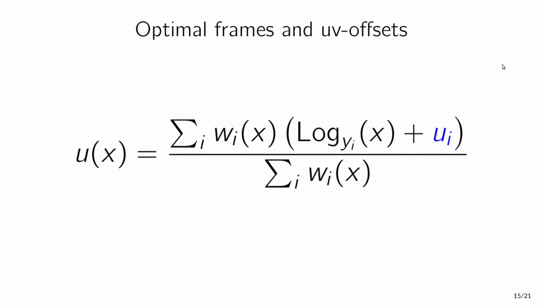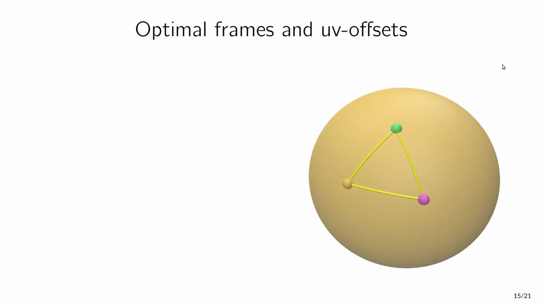And now how do I compute those UV offsets that we use to bring each seed in the common referential? Well, since every log map is computed from a reference frame, we need first to compute a reference frame for each point that is as compatible as possible with its neighbors.